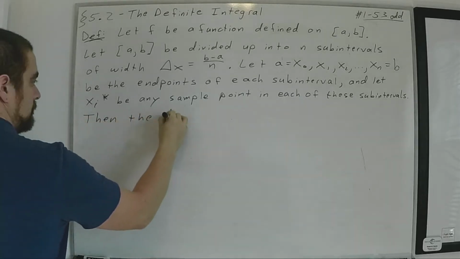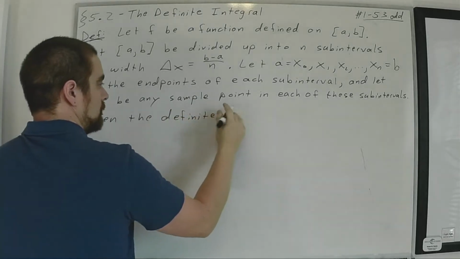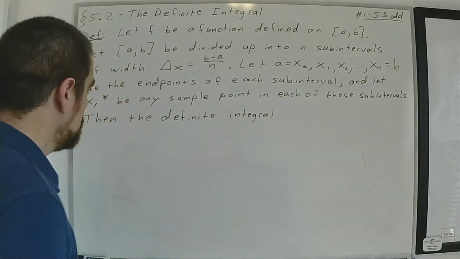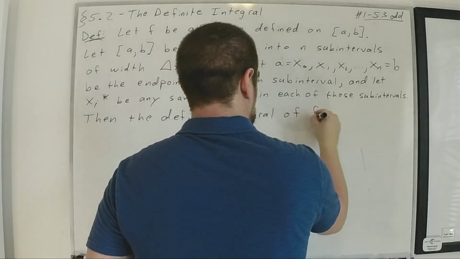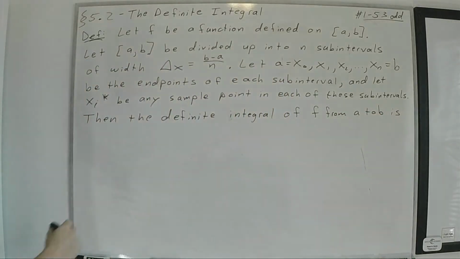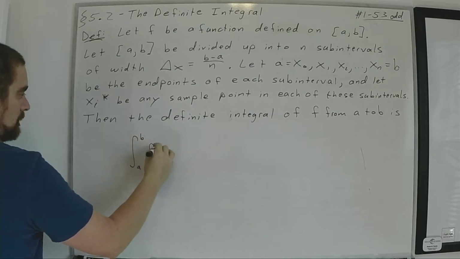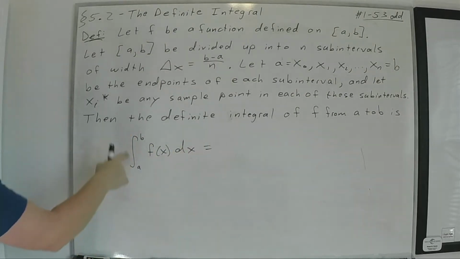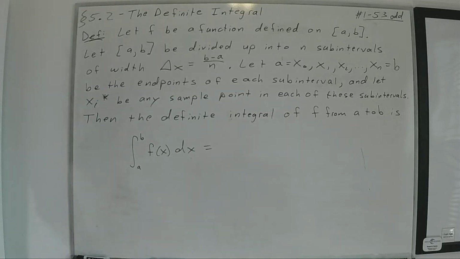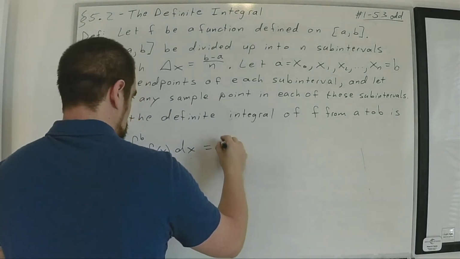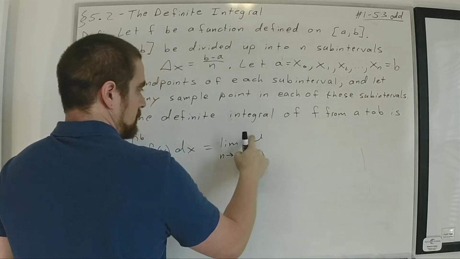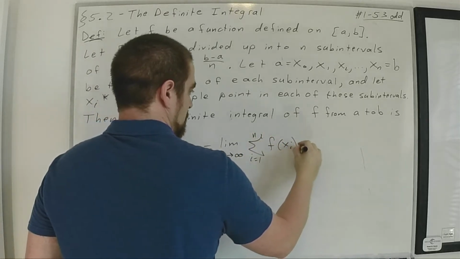Then the definite integral of f from a to b, the integral from a to b of f of x dx, which is going to be computed by finding the limit as n goes to infinity of the sum from i equals 1 to n of f of xi delta x.